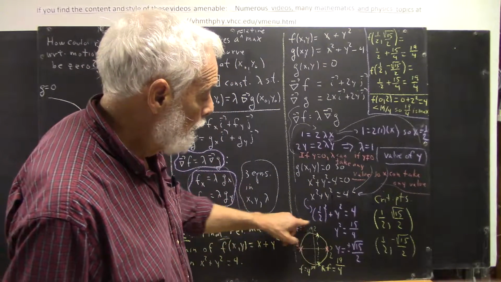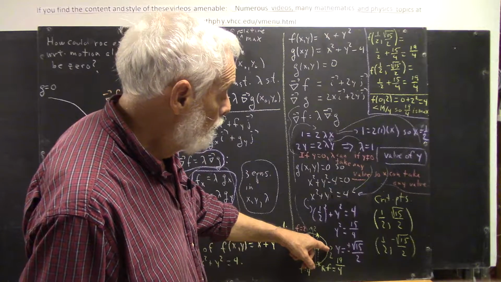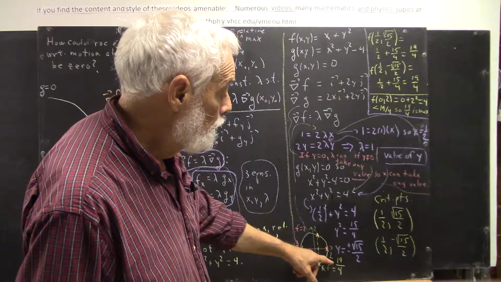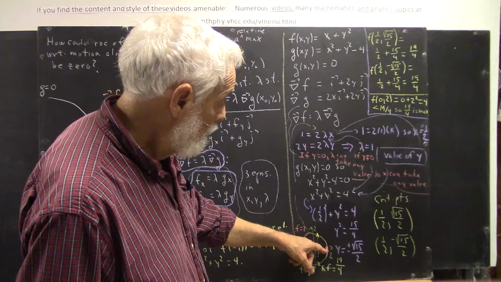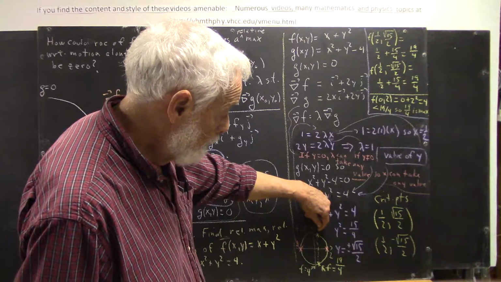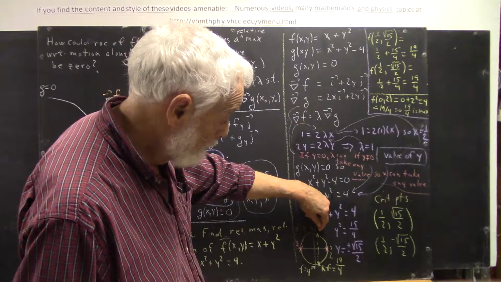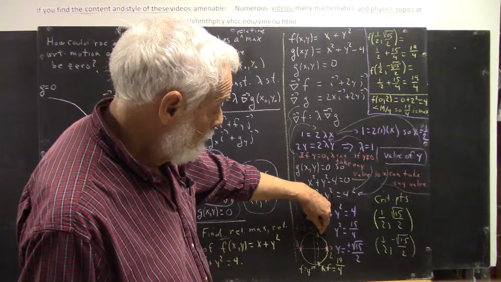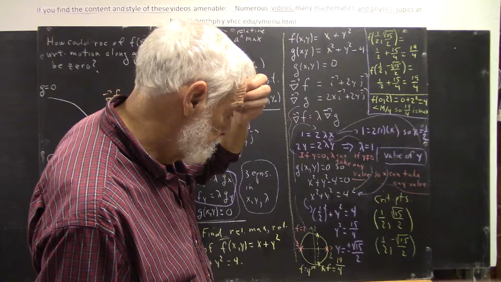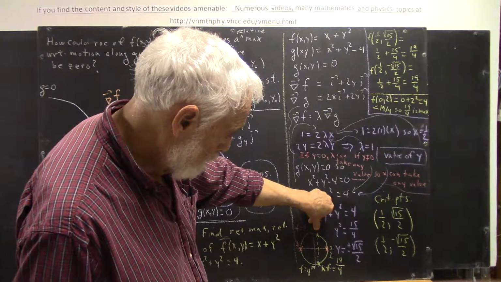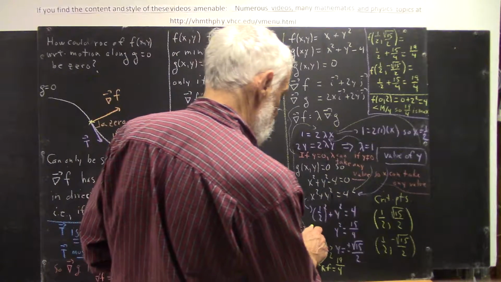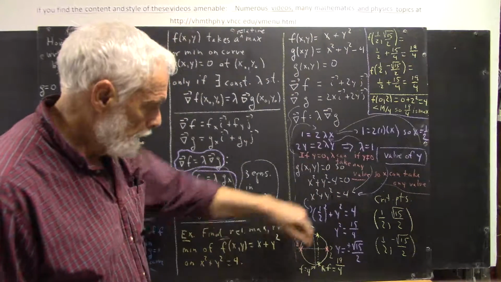As we move around the circle, as we move away from the x-axis in either direction, we're starting with a value of 2, and we're moving up to a value of 19/4 at this point, or if we move in this direction at this point, and then we move to the value, I've got 2 written there, that was the y coordinate, that's not a value of the function. I'm going to just erase that.